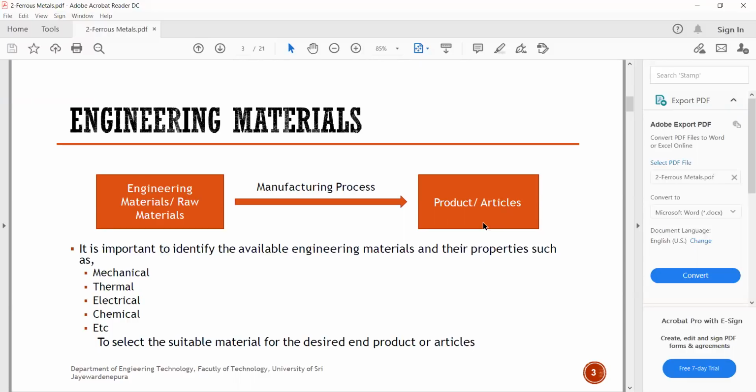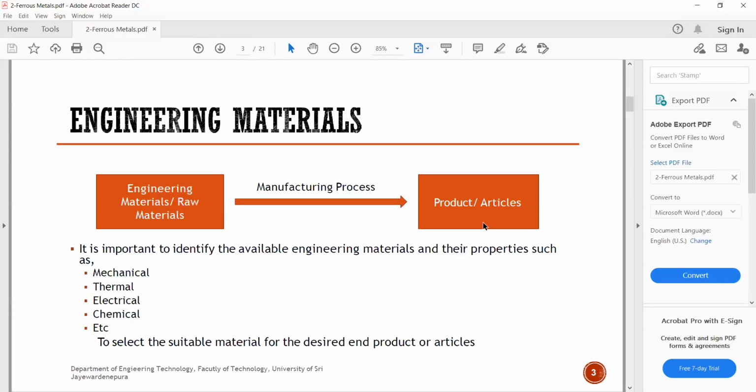So before that, normally what people do in the manufacturing workshop or the engineering workshop to produce something, a product or anything, at first they have to have materials, that means raw materials.